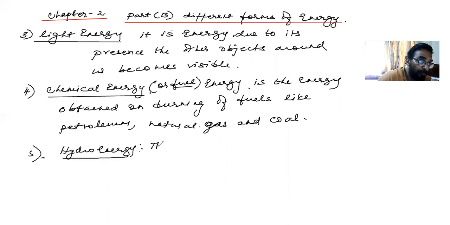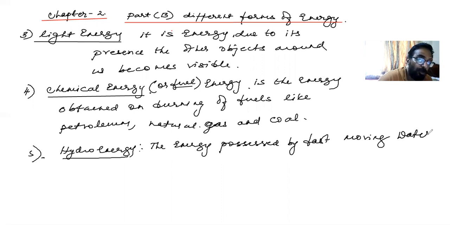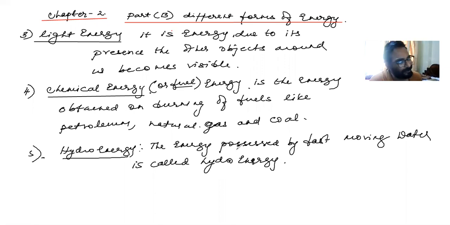So the energy possessed by fast moving water is called hydro energy. Got it? So this fast moving water has an energy, and that energy is called hydro energy. We can also call it kinetic energy.